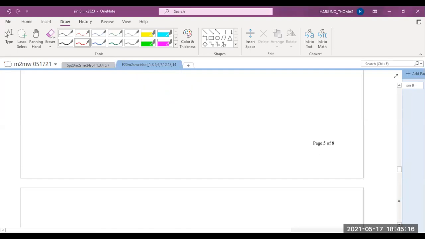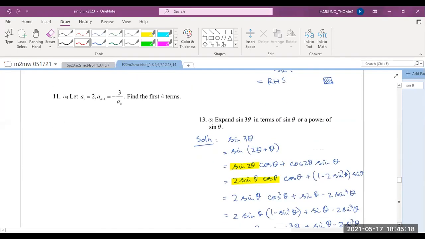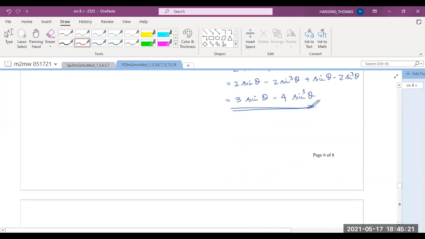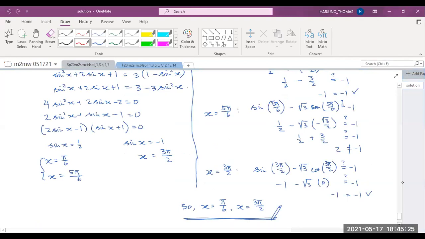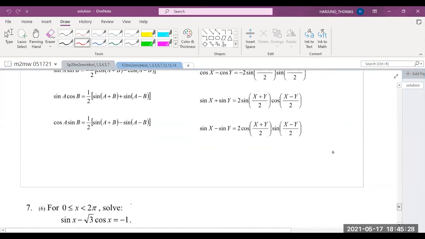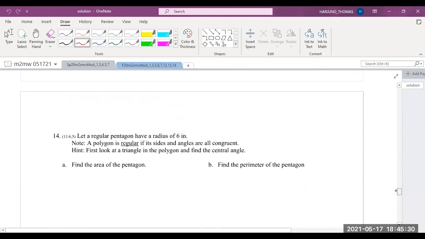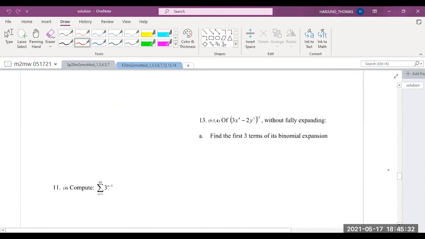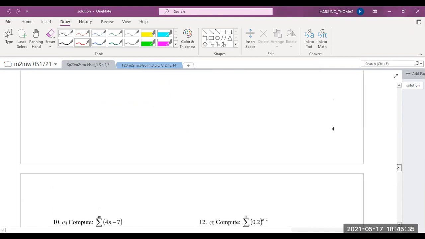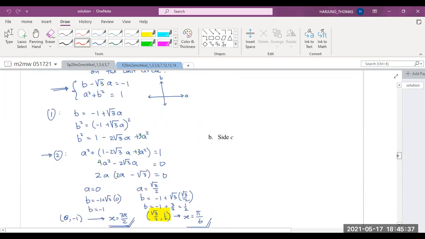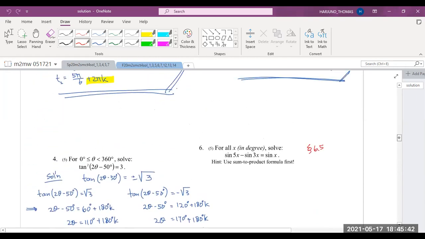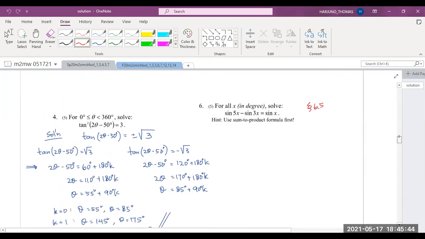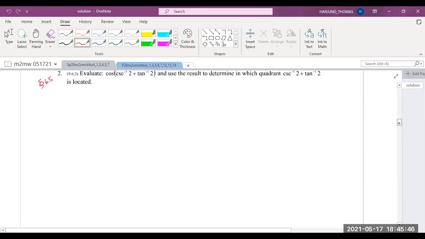Not this one yet. Okay, this one. So on spring 20, we will be able to do number 6 here. So it's just a little thing we can do on Wednesday. And this one, number 2.